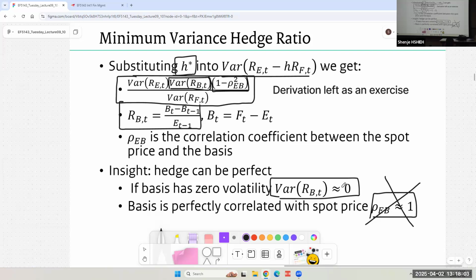And so your best bet for hedging is to identify a futures contract in which the basis return variance is as low as possible. So you most likely will get an imperfect hedge, but something as close to zero as possible is your best choice.